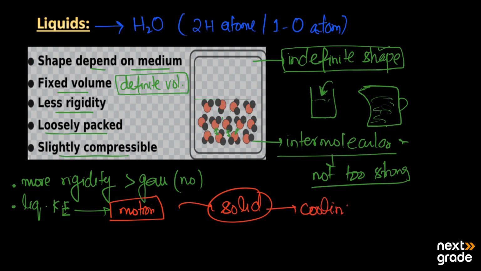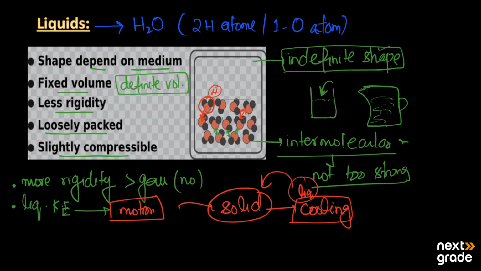When we cool down a liquid, it is converted into a solid. The molecules of liquids collide among themselves and also exchange energy. For example, this is a molecule of a liquid. It strikes another molecule, and it first had high kinetic energy.